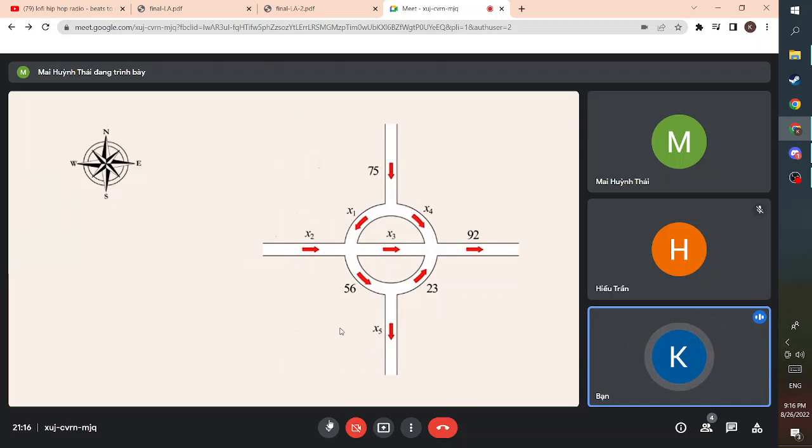The first equation they created equated the total traffic flow into the traffic circle to the total traffic flow out. They also wrote four equations for the traffic flow through the four intersections. Traffic flow into the west intersection equals traffic flow out of the west intersection.